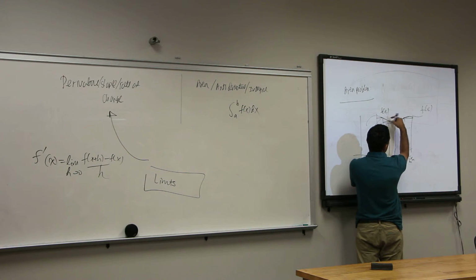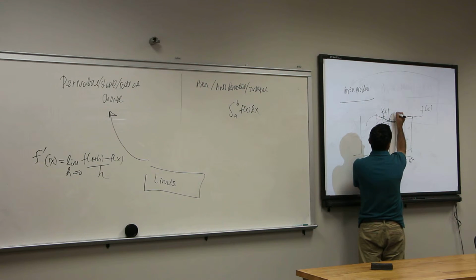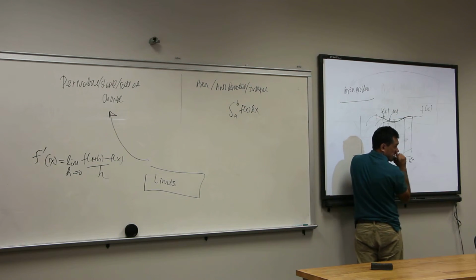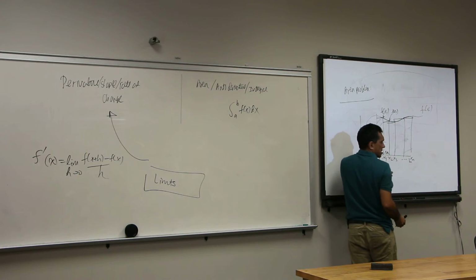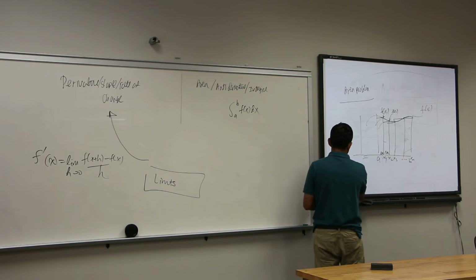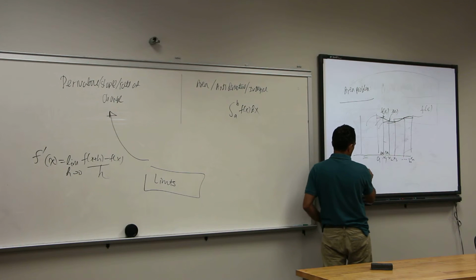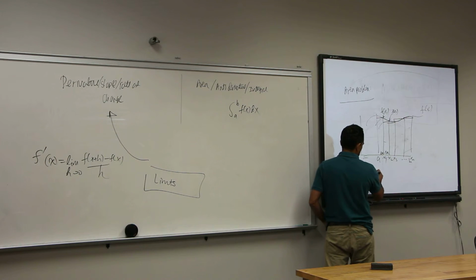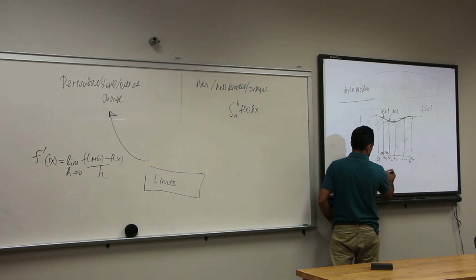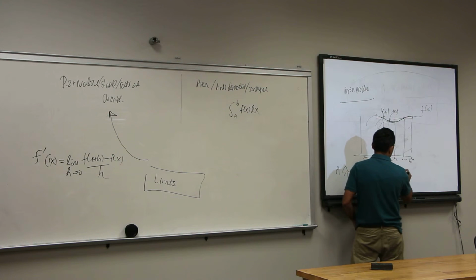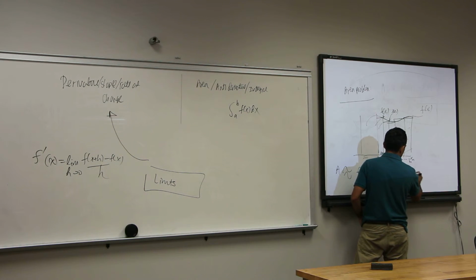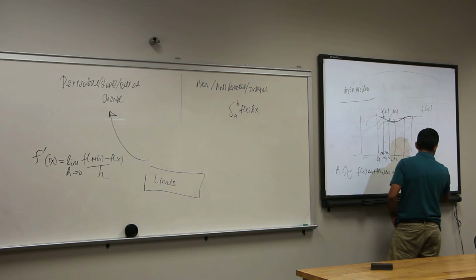And what is the height here? F of x2. And what's the thickness? Delta x. So the area is approximately f of x1 delta x plus f of x2 delta x plus f of x3 delta x all the way up to f of xn delta x.